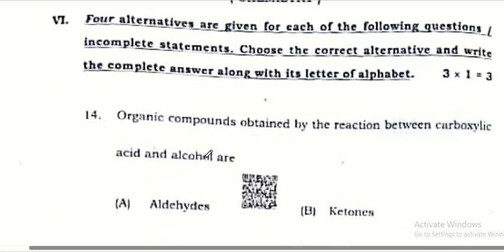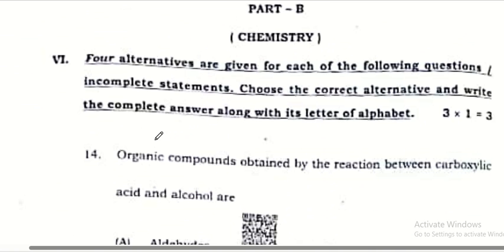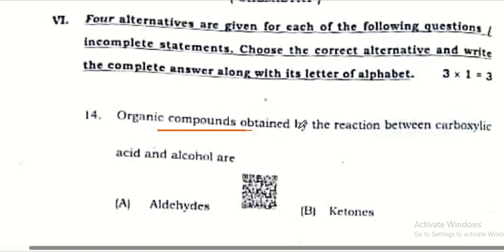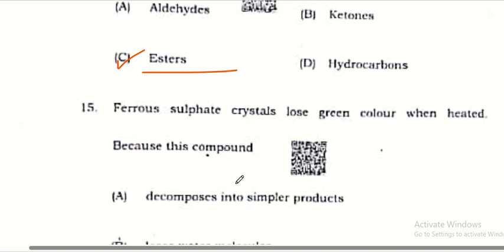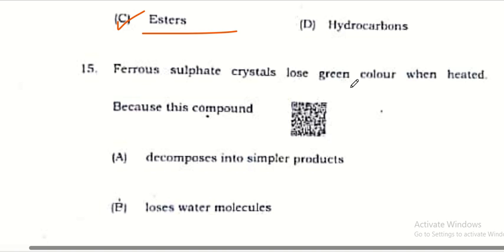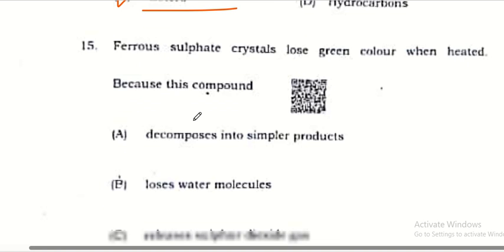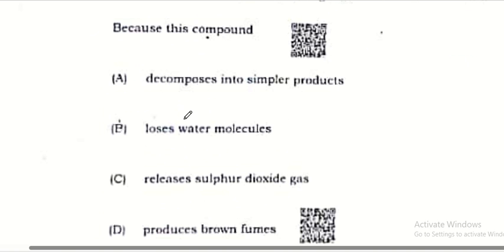And then we move on to the next question, that is the 14th one, part B, chemistry. Organic compounds obtained by the reaction between carboxylic acid and alcohol are esters. Option C is the correct answer. Ferrous sulfate crystals lose green color when heated because the compound loses water.